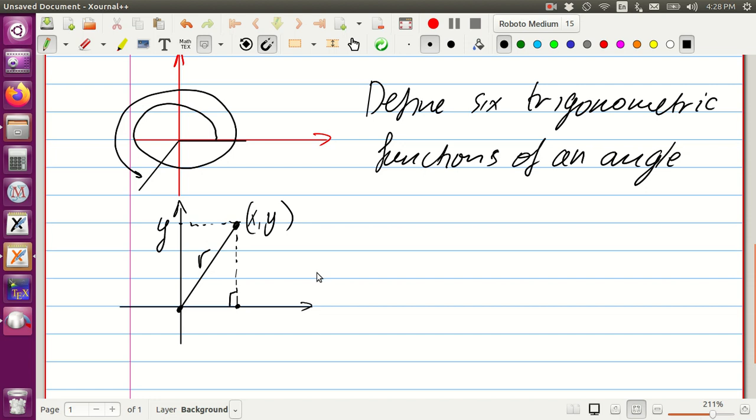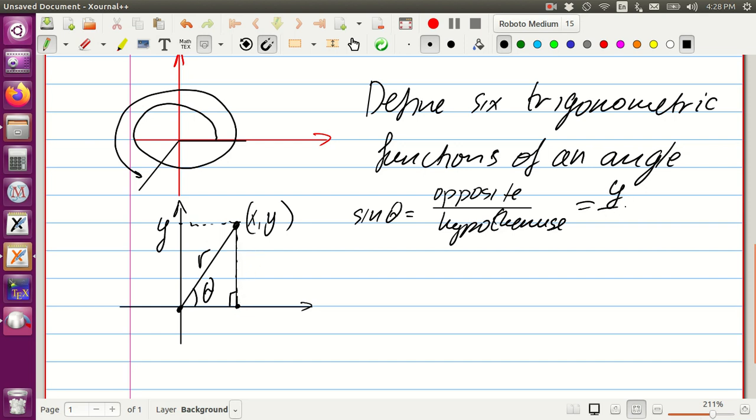If this is your angle theta, we can say that sine of theta is, before in school they said, the opposite side over the hypotenuse, but for us it's more convenient to think that this side is of length y, so y over r.